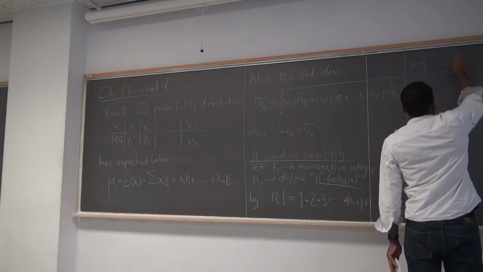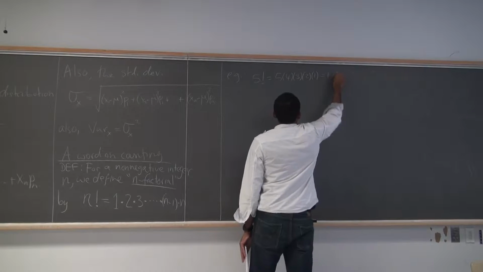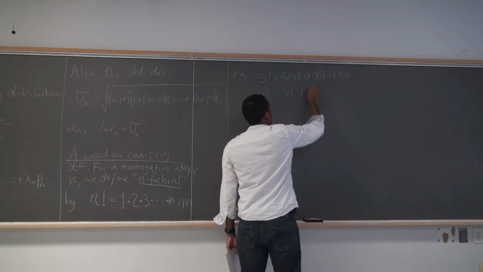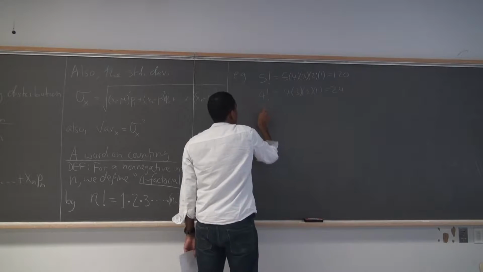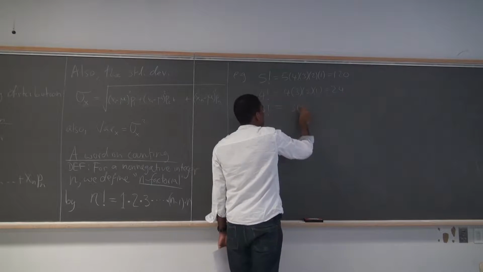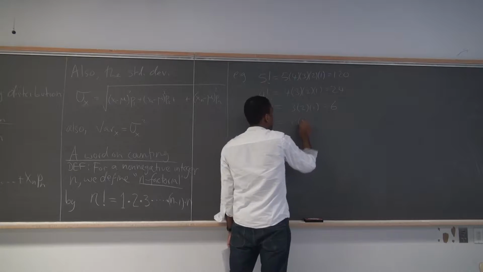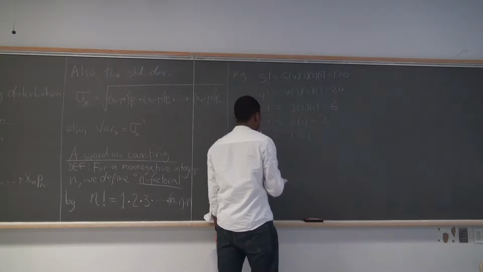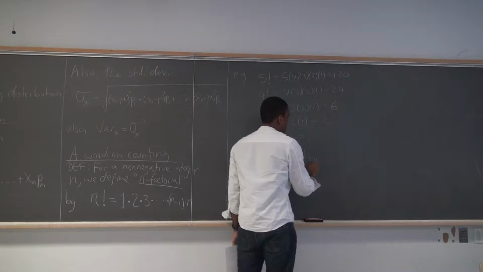For example, 5 factorial is really just 5 times 4 times 3 times 2 times 1, which I think is 120. 4 factorial is just 4 times 3 times 2 times 1, which is 24. 3 factorial is 3 times 2 times 1, which is 6. 2 factorial is just 2 times 1, which is 2. 1 factorial is just 1. 0 factorial is actually 1 by convention.